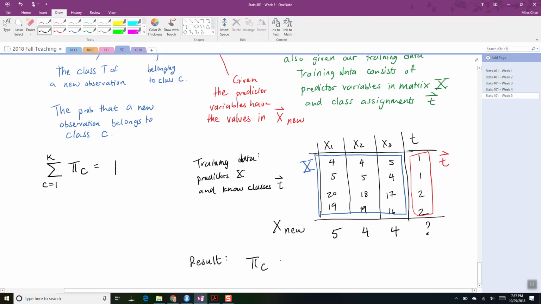Pi of c will be, I don't know, 0.96 versus 0.04, class 1 versus class 2. This is just a fictional result.